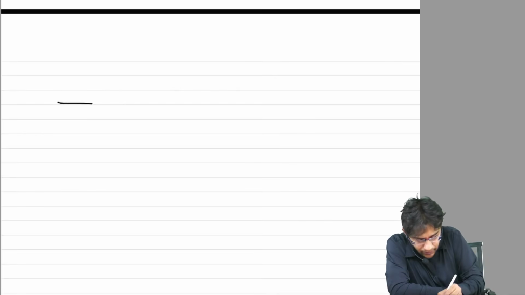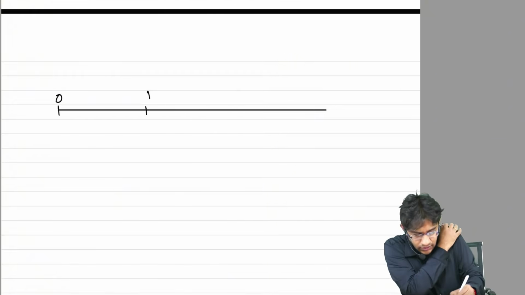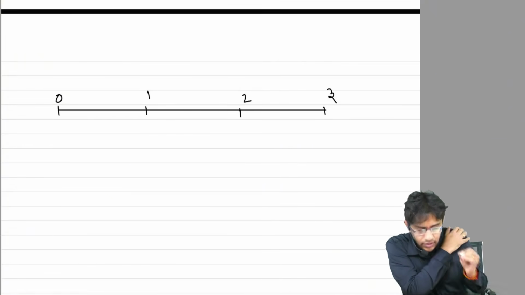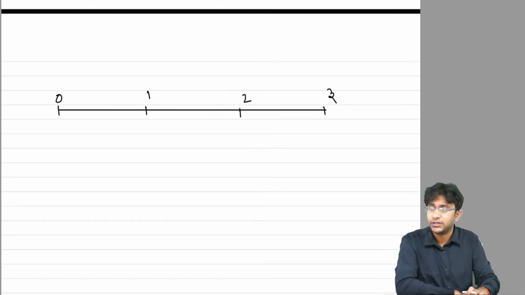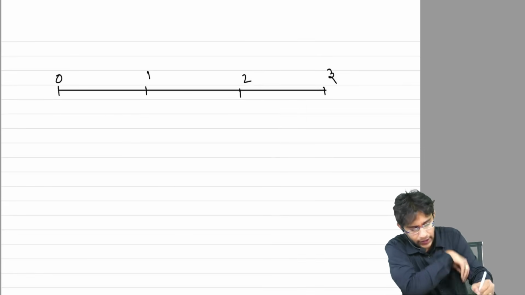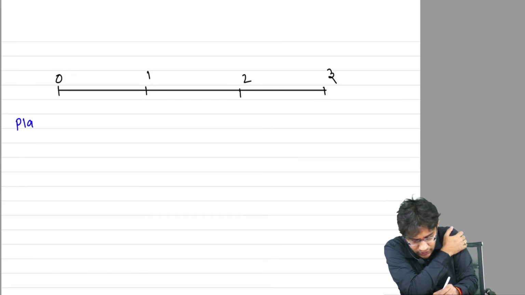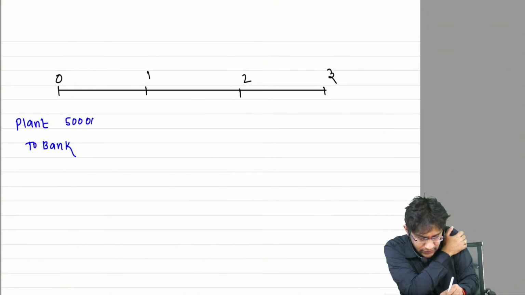Very easy example. Let's say 0, 1, 2, 3. 0 is today, sir. 1 is end of first year, 2 is end of second year, third year ending timeline. Today I purchased a plant and machinery. So the entry I wrote is plant and machinery account debit to bank with an amount of 5 lakhs.